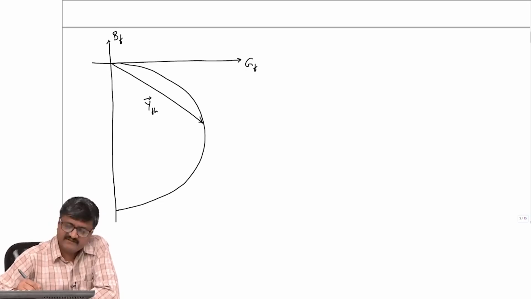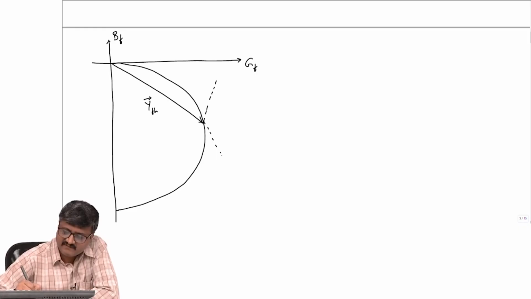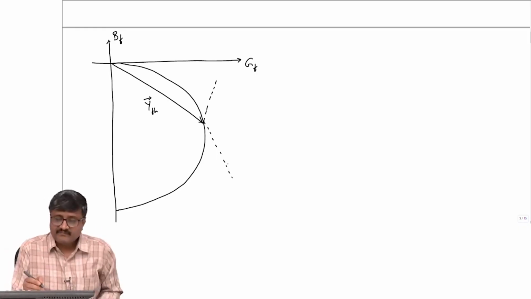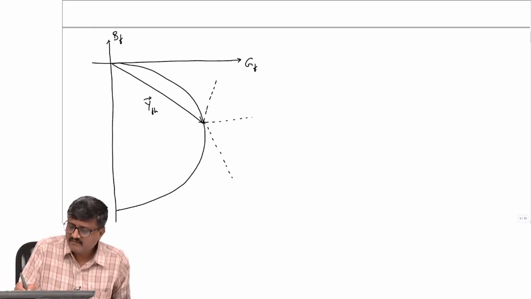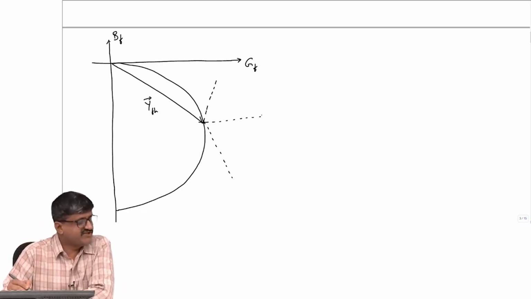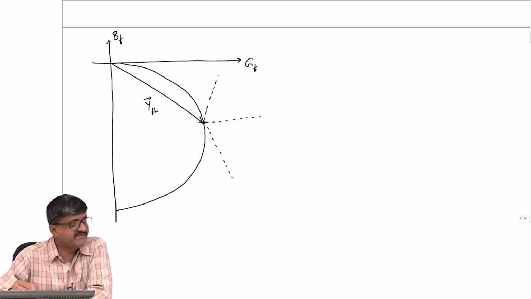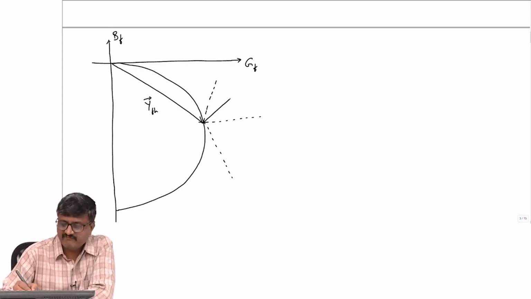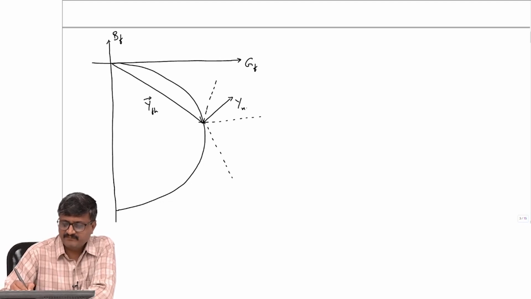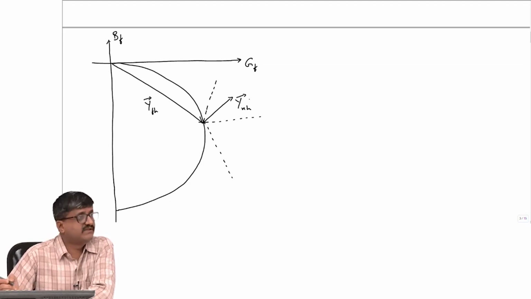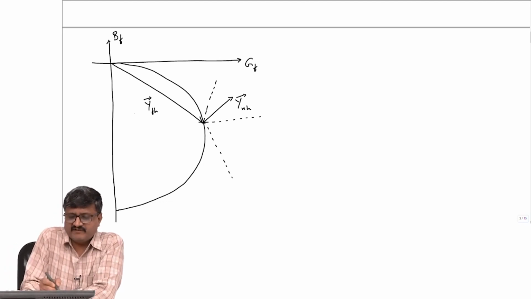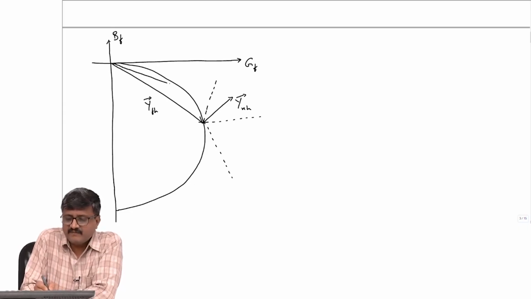So, that is essentially saying that to YFH I am adding YNH. Suppose YNH I have to take between these two dashed lines, one which makes an angle phi m and another dashed line which makes an angle minus phi m. Suppose I take YNH to be this. Okay. Then YFH plus YNH.